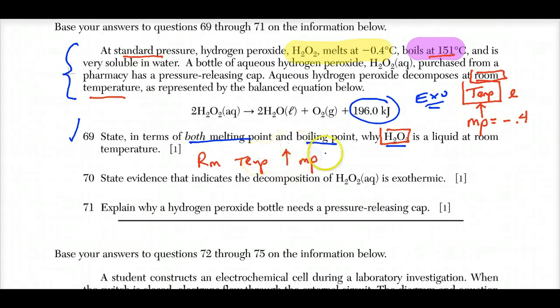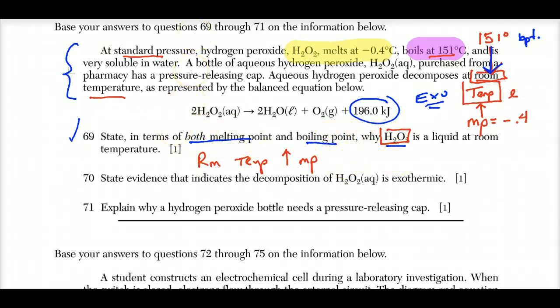Anything above the melting point is going to be melted into a liquid. And if it boils at 151, the room temperature must be below the boiling point. If we're below the boiling point, we're not a gas yet. So room temperature is above the melting point, which means it's melted, and we are below the boiling point, which means we haven't turned into a vapor yet. That explains why we're a liquid.